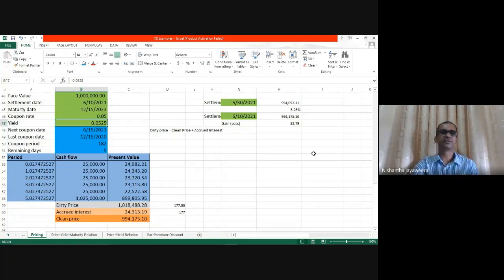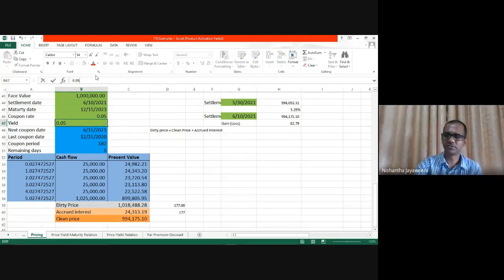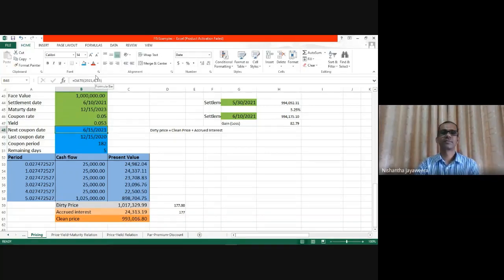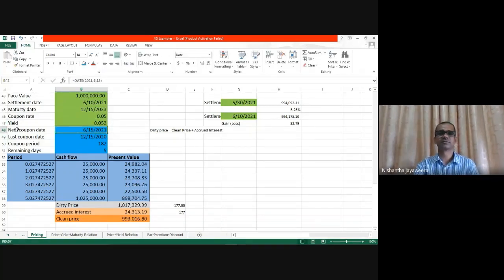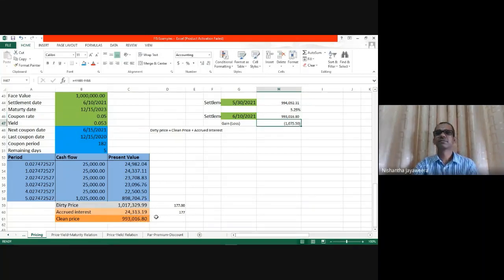Okay, so therefore that effect is there. I'll come to that one as well. So yield 5.25. Assume yield goes to 5.5 or 5.3. Just a small change. Now what has happened? Now it's a loss.